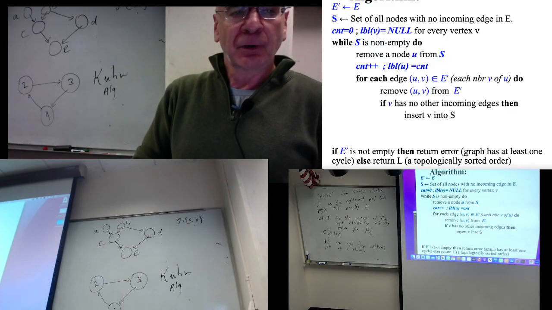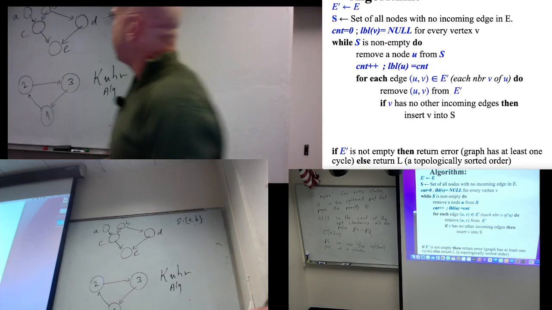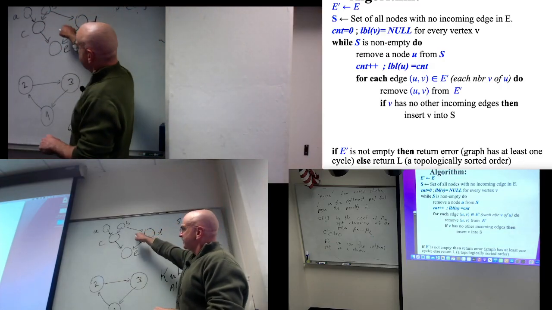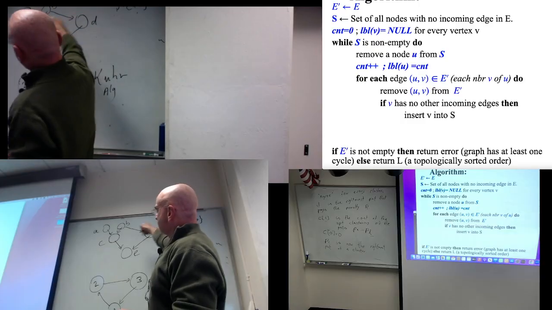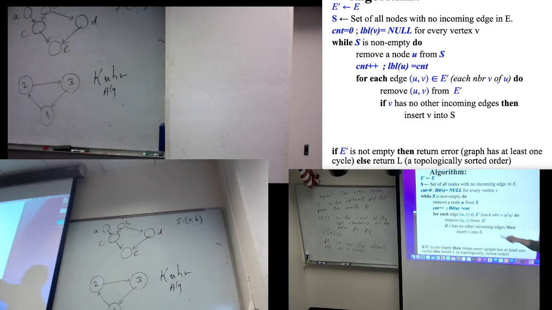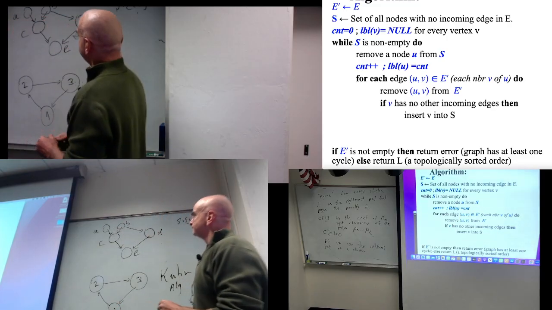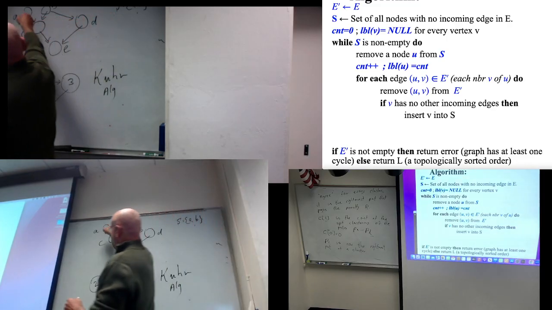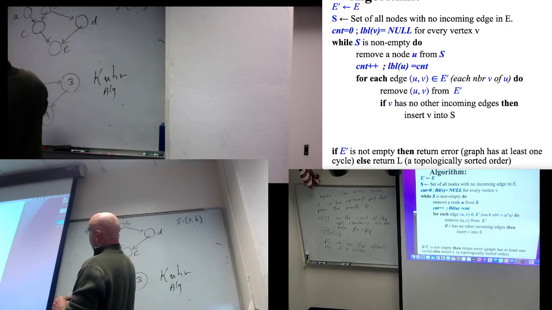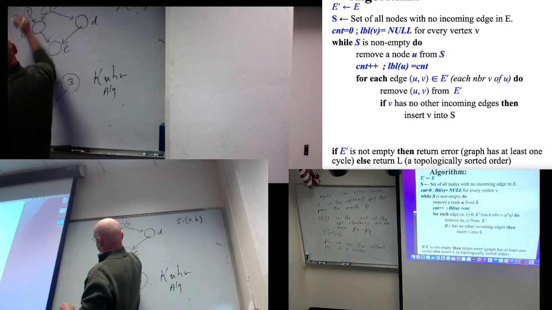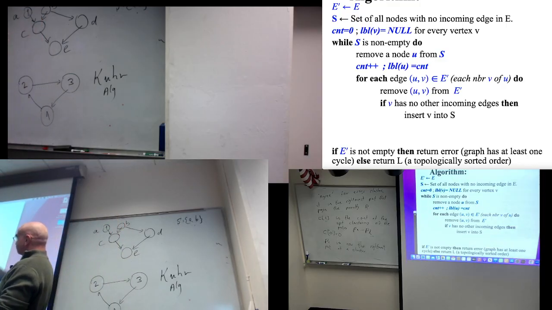Okay, so how do we run the algorithm? I'll pick from S some node. Let's say I'll pick A. I'll give A the label of the counter.